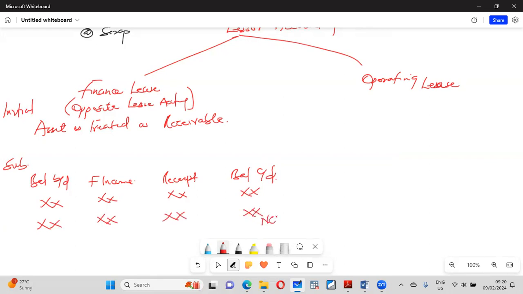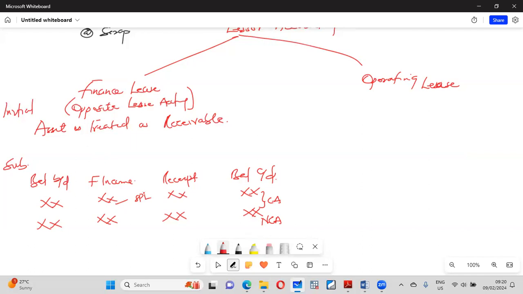So the difference between NCA and CA goes to your SPL. Basically, that is what you do. It's not really difficult. Everything is the same.